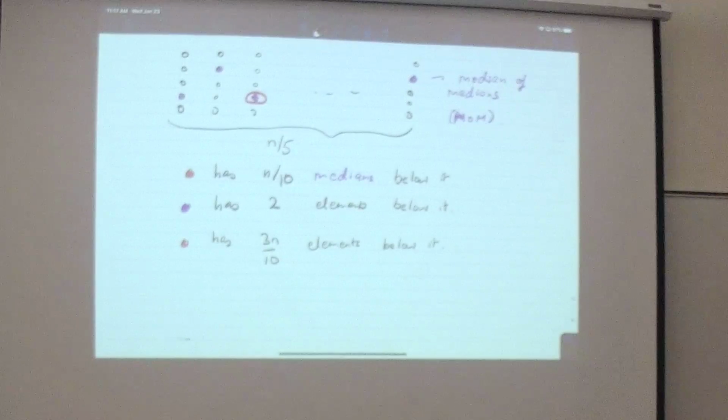Remember that the red point has n over 10 medians below it. Each of those medians has 2 more points below them. So this red element has each of those n over 10 medians plus 2 more for each of them. So that's 3 times n over 10 elements.